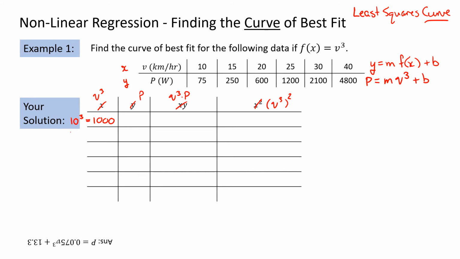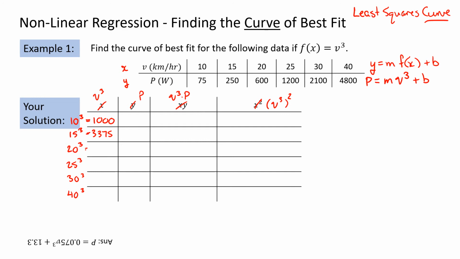For the second one, we'd have 15 cubed, which is equal to 3,375. Then following our trends, 20 cubed, 25 cubed, 30 cubed, and 40 cubed.